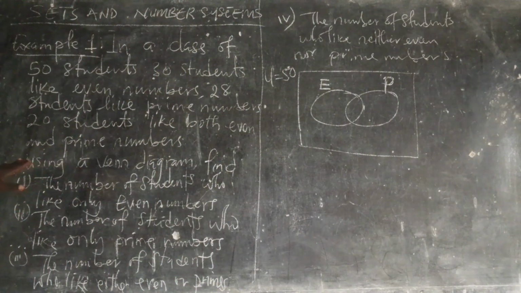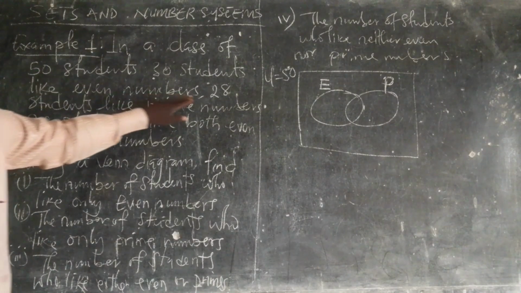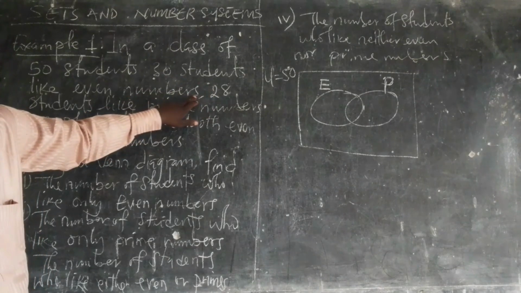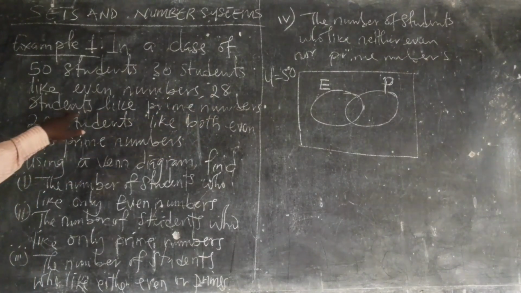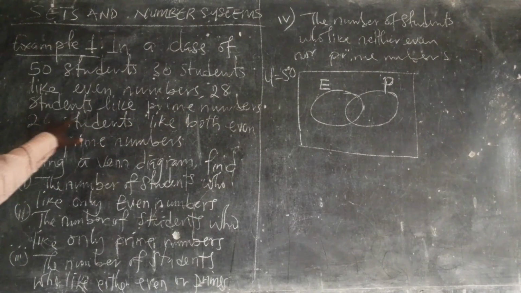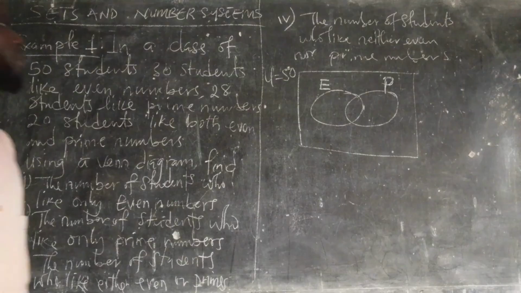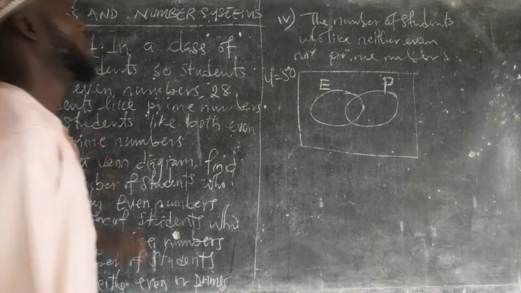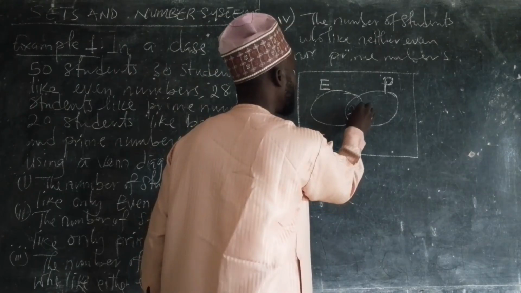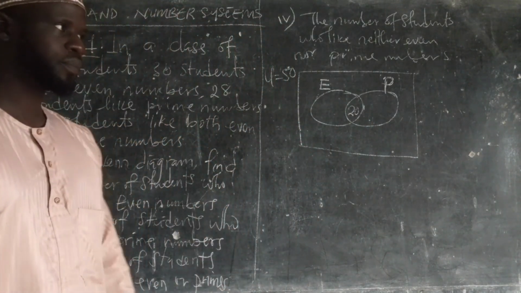So we have 50 students. 30 students like even numbers, 28 like prime numbers, while 20 like both even and prime. So we have to start with those that like both. Those that like both are 20 students.